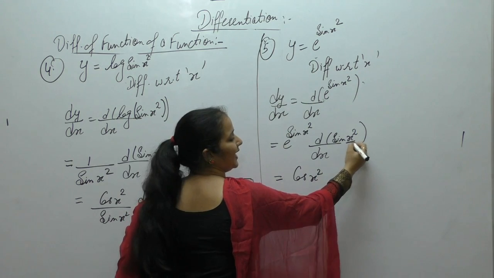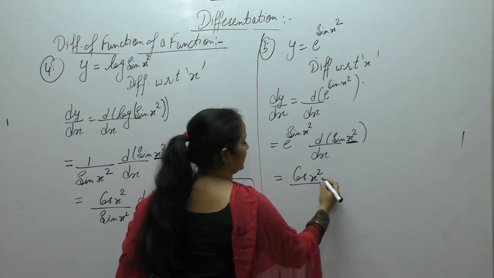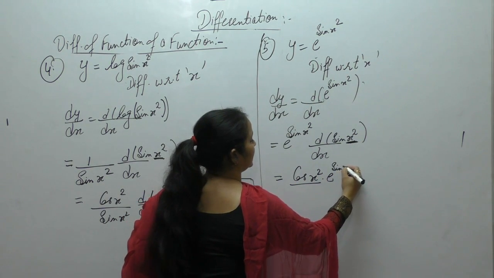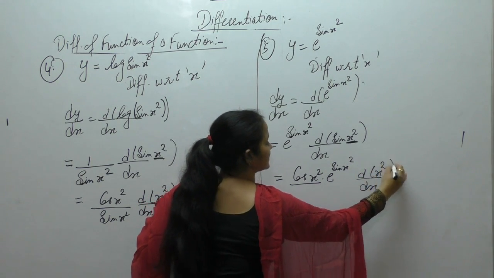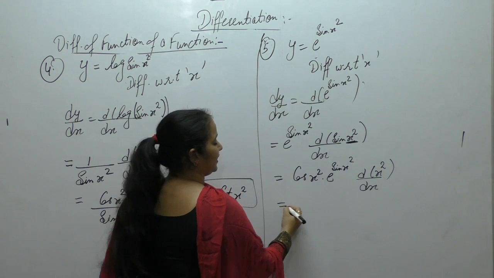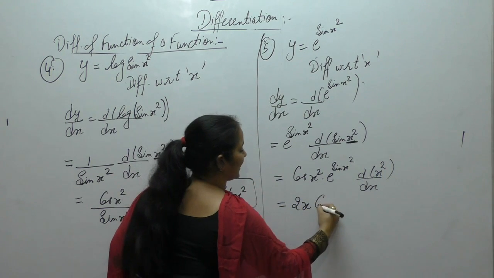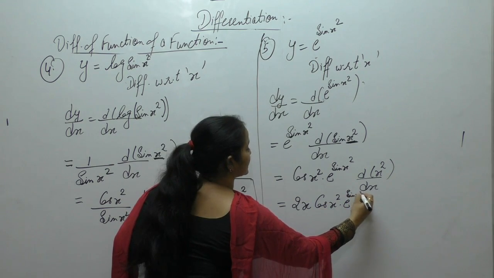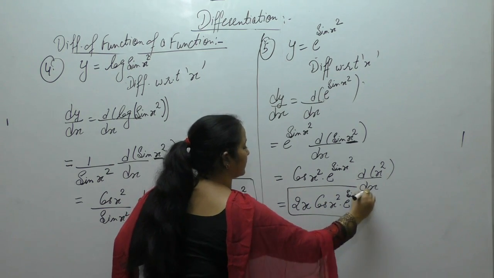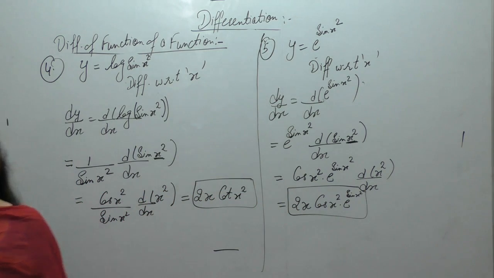Instead of x we have here the term x square. Cos of x square e power sin x square. Now derivative of x square is 2x cos x square into e power sin x square. Is it clear?